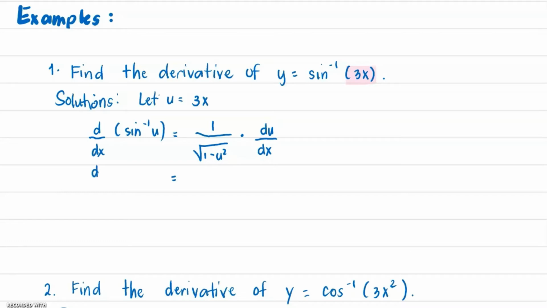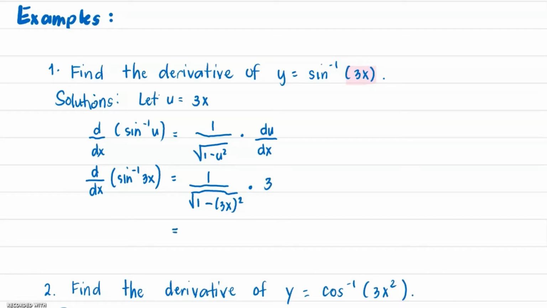So the derivative of arc sine 3x is equal to 1 over the square root of 1 minus our u, which is 3x squared, times the derivative of u, which is 3.